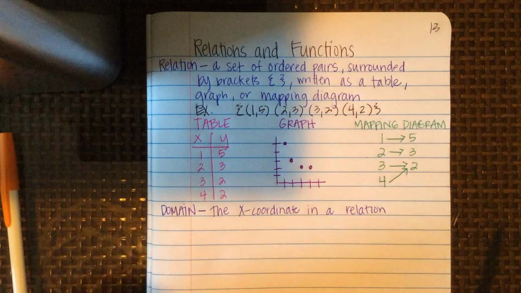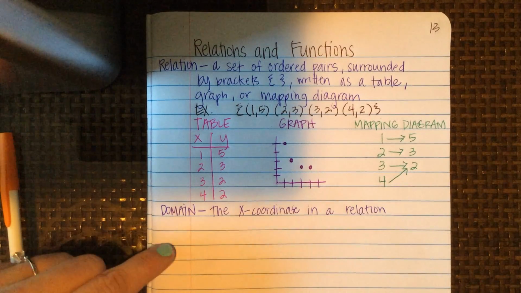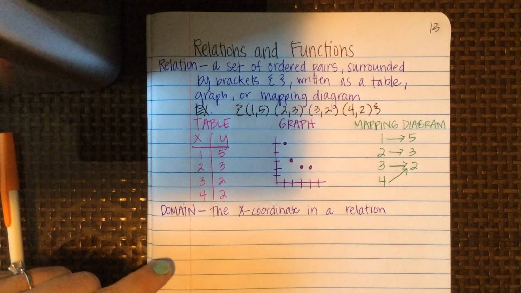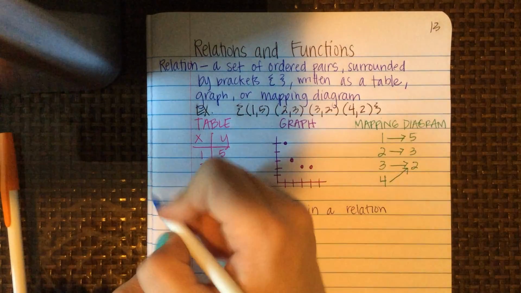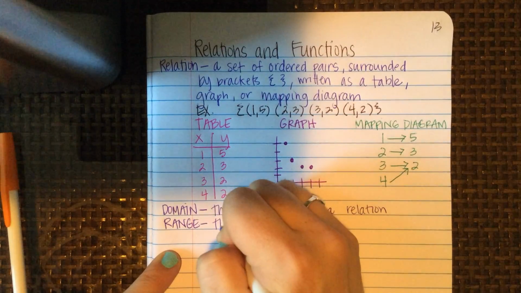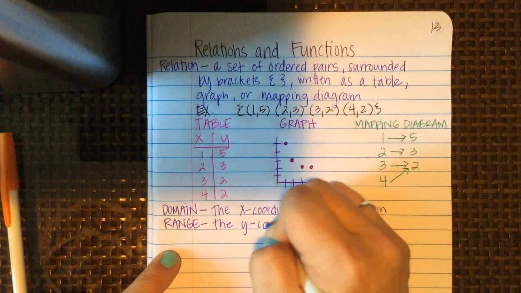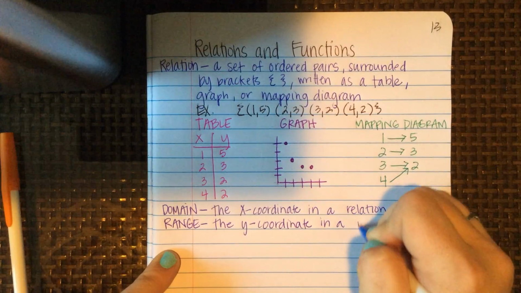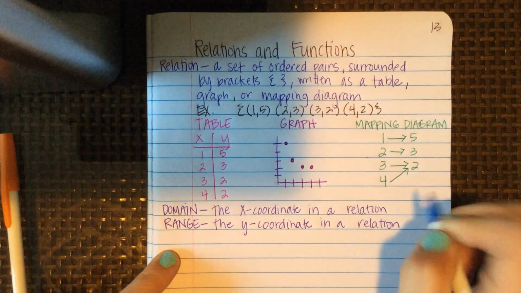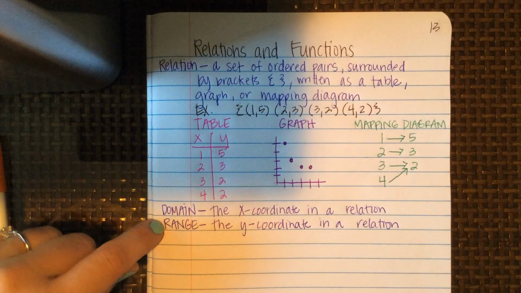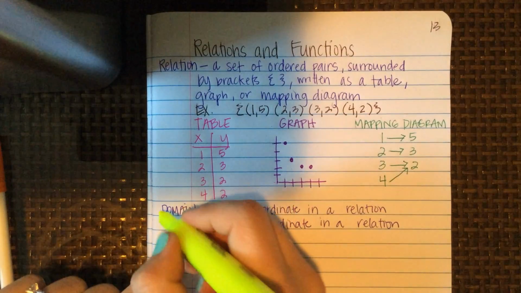So the x value, what we call the x-coordinate, is also known as a domain when you're speaking about functions. The range is the y-coordinate in a relation. So again, these vocabulary terms of domain and range are used only when we're talking about functions.